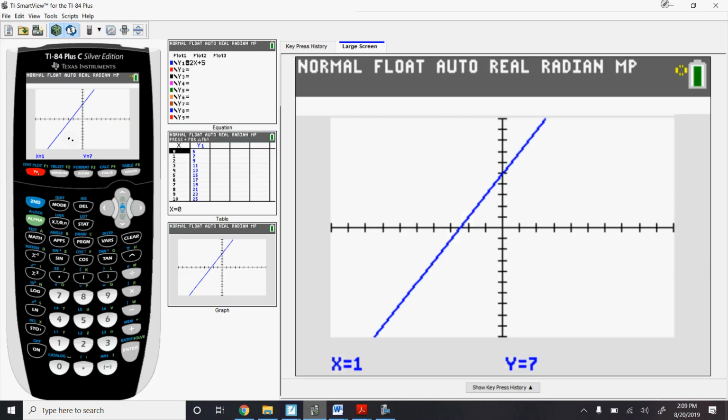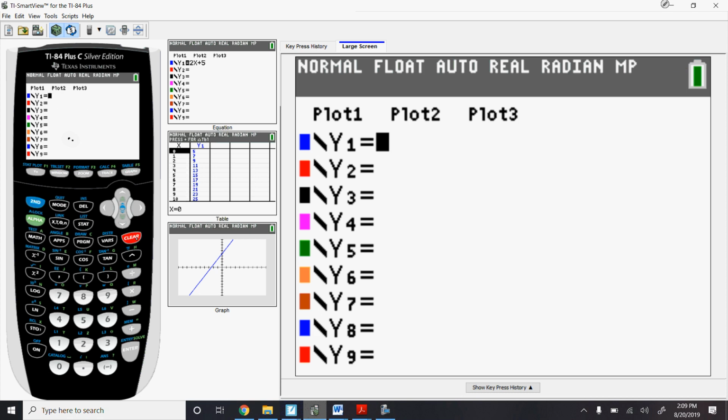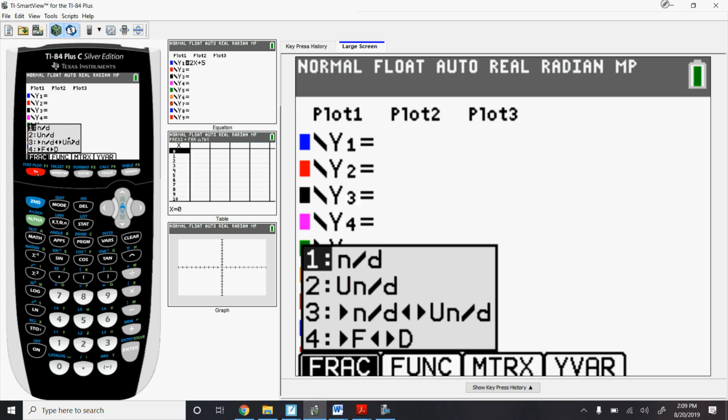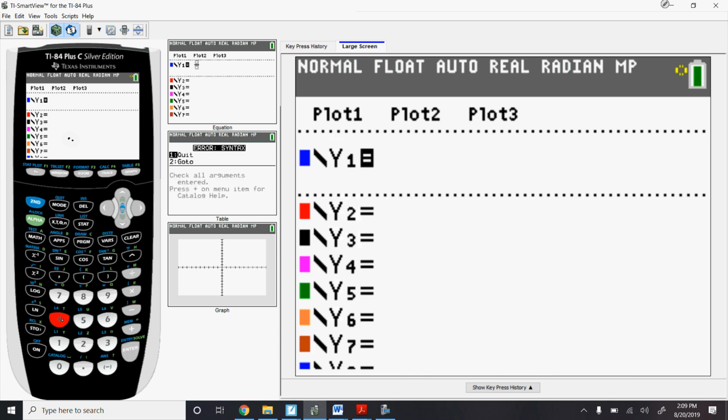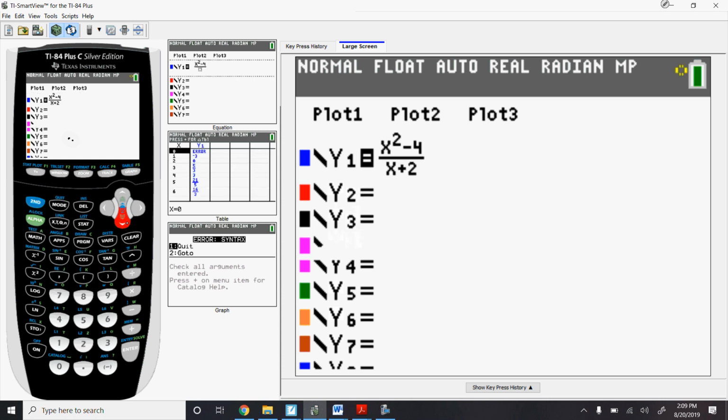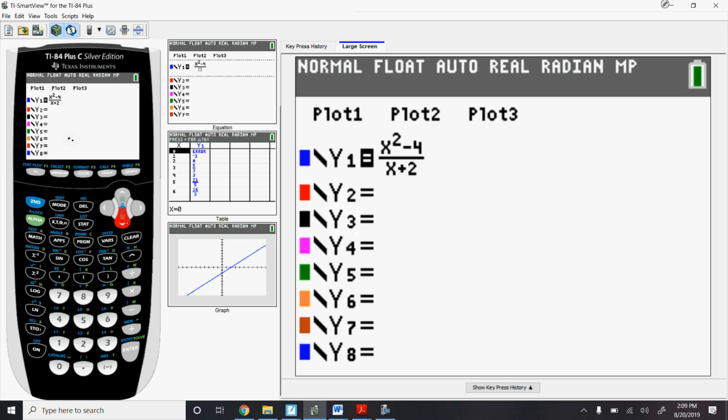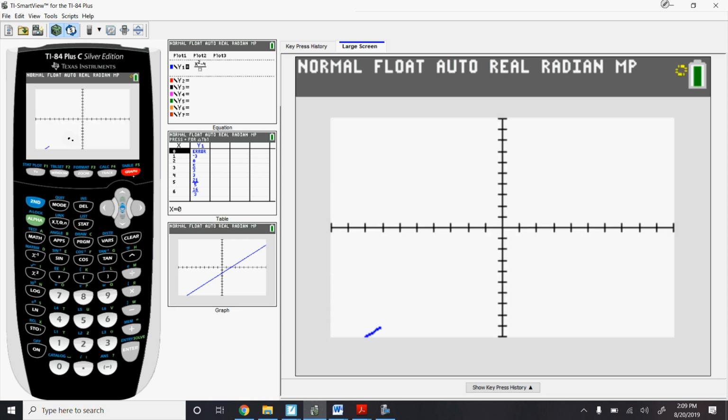So I'm going to change my function. We all know that we hit alpha y equals enter to create our fraction bar. On top, I've got x squared minus 4, and on bottom, I've got x plus 2. When I take a look at this graph, I get something that looks oddly linear.